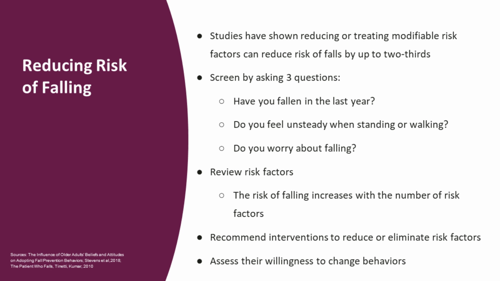We know there are some interventions that we can introduce that can reduce or eliminate some of these risk factors, but we also have to take into account and assess their willingness to change their behavior, because especially some of those risky behaviors, they have to be willing to make some changes maybe to their lifestyle in order to help reduce their risk of falls. And I don't know about you, but I have worked with a few stubborn older adults, or stubborn humans in general. Doesn't mean they have to be older. And so sometimes getting them to change their behavior can be really challenging.